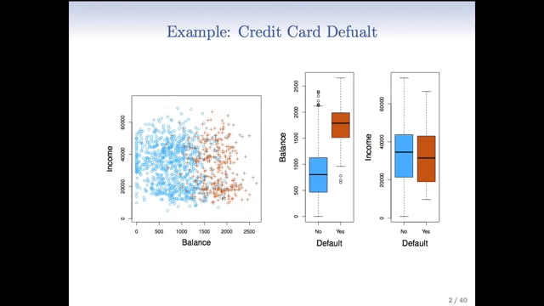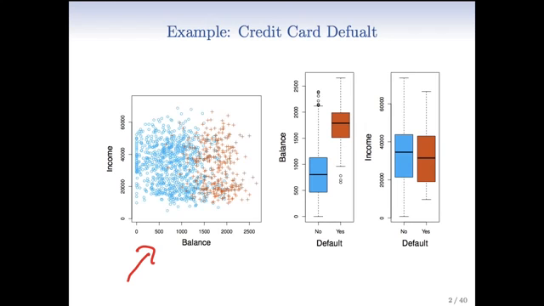Okay, so here's some data. This is the credit card default data set that we're going to use in this section. The plot on the left here is a scatter plot of balance against income. So those are two of the variables. As we can with classification problems, we can code the response variable into the plot as a color.